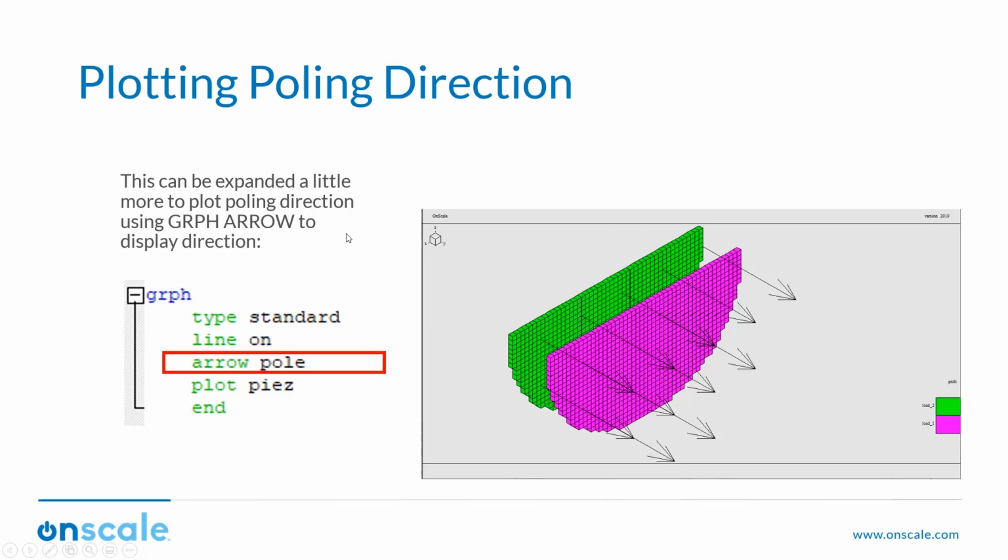What you can also do is plot the poling directions, using the function arrow pol, because you know that the electrodes are polarized in one direction. It's useful to see that, especially if it's not a perpendicular direction. So maybe you have a sphere or a cylinder type of polarization. In this case, it would be very useful. But anyway, let's try that.